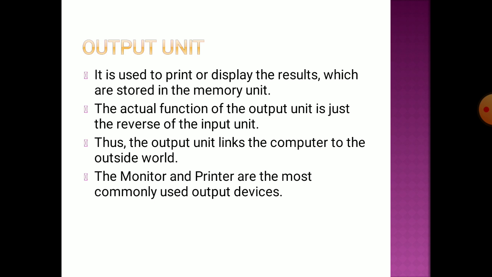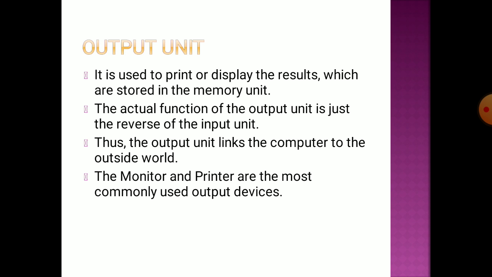Now if the same is displayed on your monitor screen, will you be able to read it? No, because we understand only English-like statements. So what we have to do in your output unit is, the data which has been converted into machine understandable language has to be converted back to English-like statements, and then it should be displayed on your monitor screen or printed through your printer.